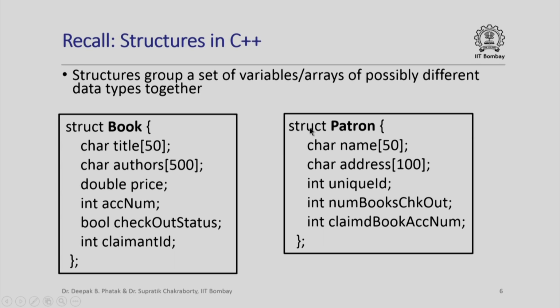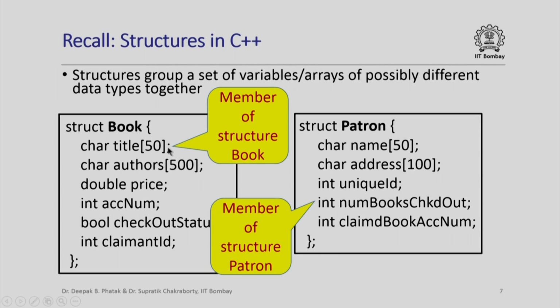And similarly, the patron structure had the name of the patron, the address of the patron, the patron's unique ID, the count of the number of books checked out by the patron, and the accession number of any book that might have been claimed by the patron.